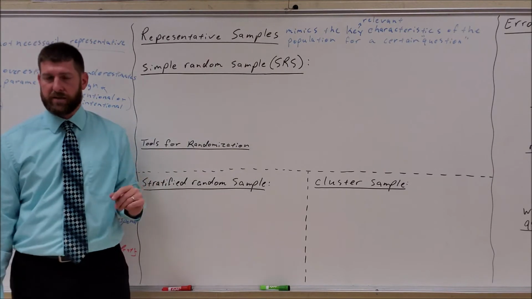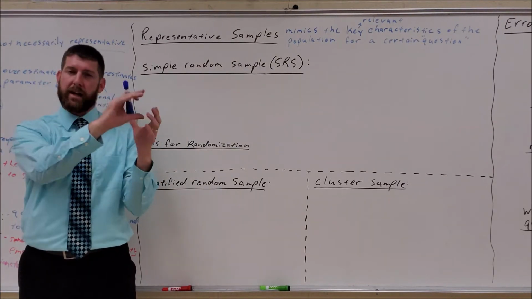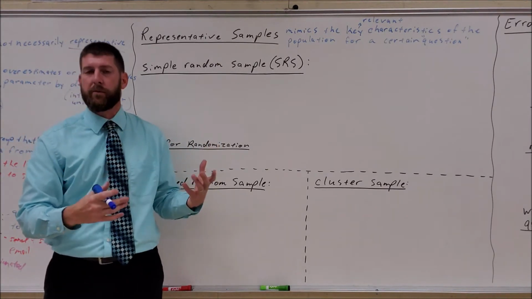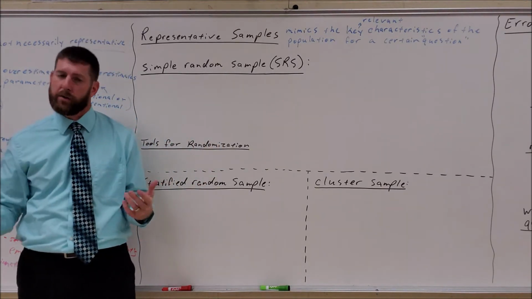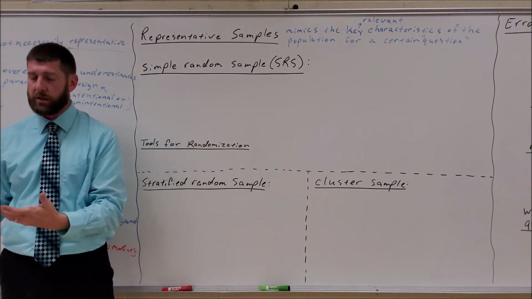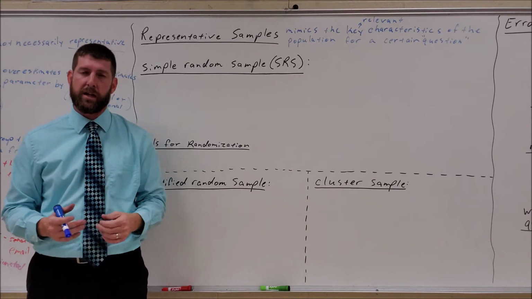In a representative sample, those characteristics show up in the sample the same way they show up in the population. So if we thought gender played a role, and maybe 50% of our school is one gender, then 50% of the sample should be that gender.